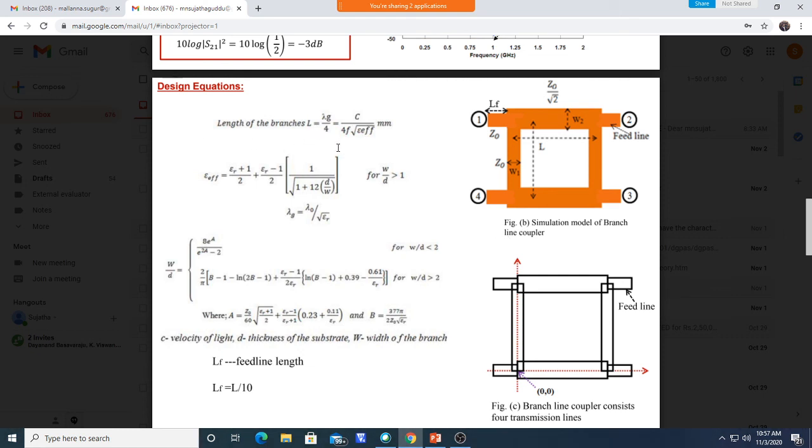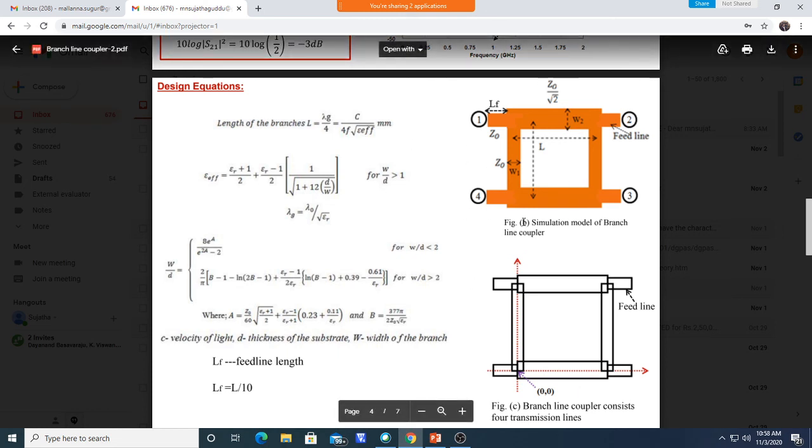Electrical length 90 degree means it is lambda g by 4. Electrical length 90 degree means the actual length in distance is lambda g by 4. You can get it from the calculator. So all these parameters you can get from this calculator.